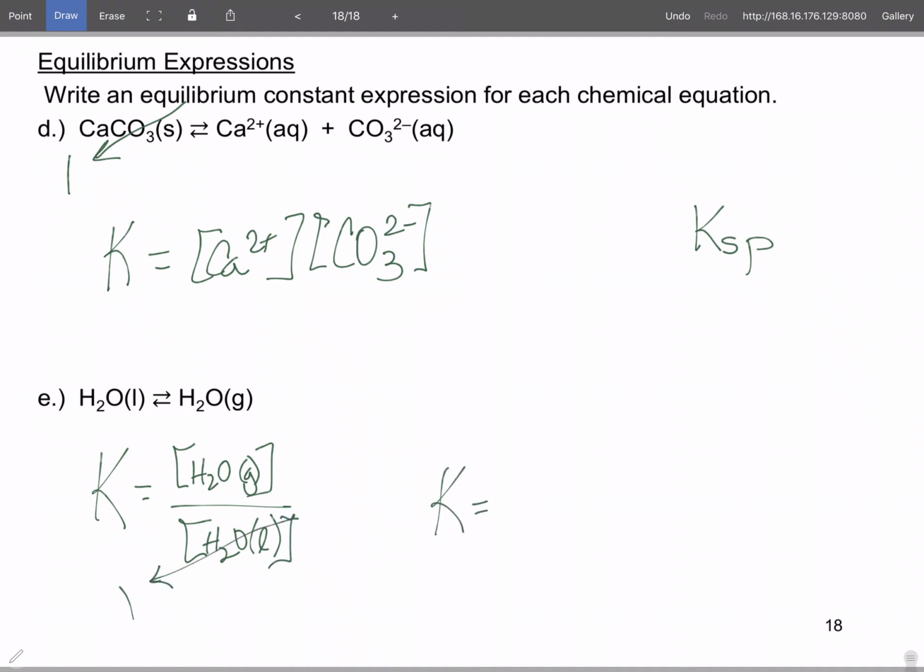So this K expression is strictly the H2O plus the gas. Now, should you write the gas here? Yes. Would you normally? No, but you're comparing water to water, so which water are you talking about? So it's important for this, but normally, no, it is not important. Okay, so within this first section, we have determined how to set up an equilibrium expression.